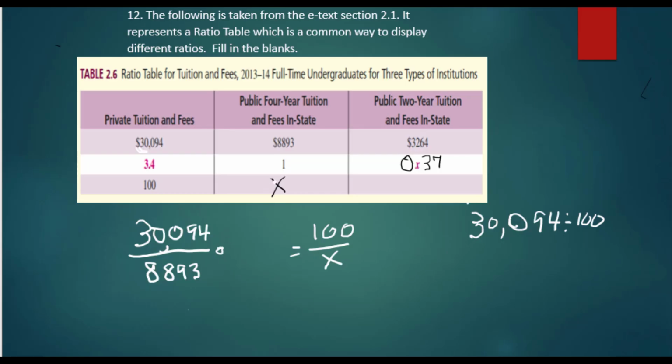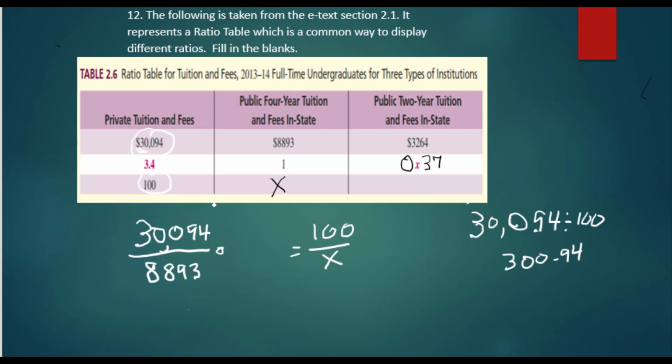So I'm going to find this X using the method. So how do you go from 30,094 to 100? Well, let's divide it and see. 30,094 divided by 100, move the decimal 2 places, is 300.94.